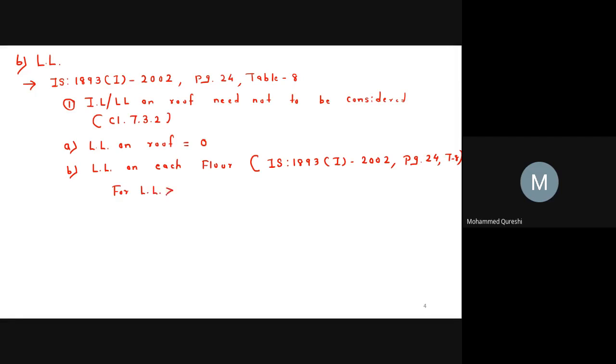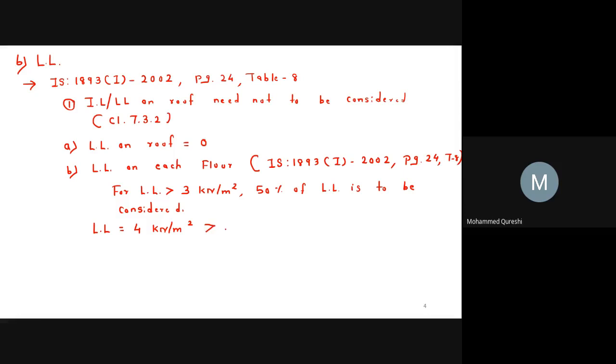In this clause, it is given that for live load greater than 3 kilonewton per meter square, 50% of the live load is to be considered. And in our case, in the given data, we have the value of live load as 4 kilonewton per meter square.